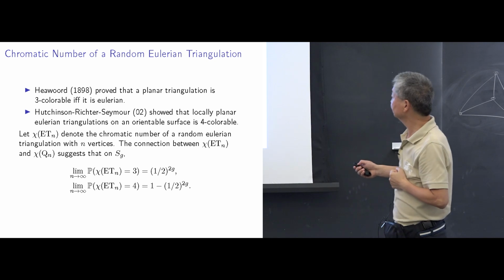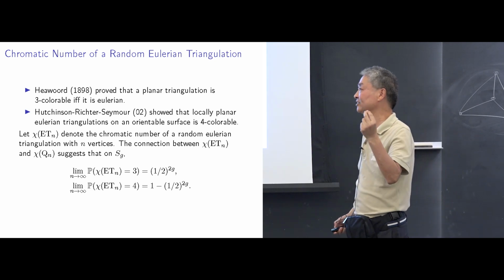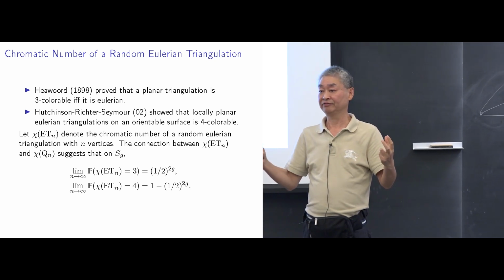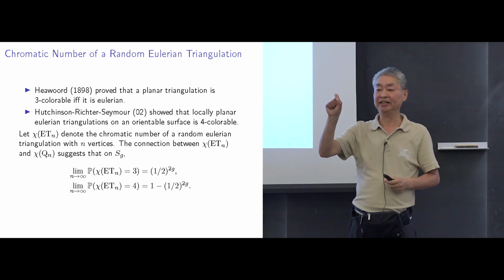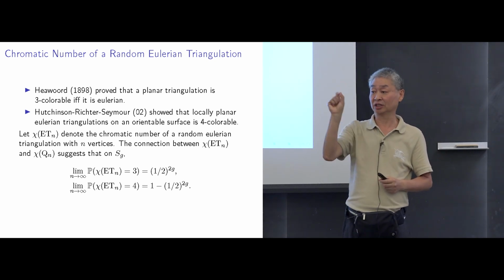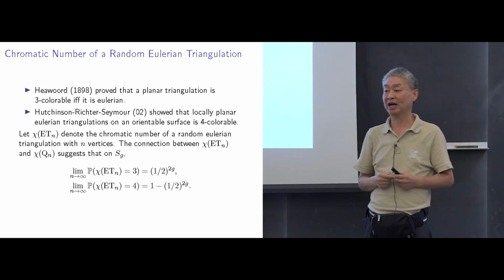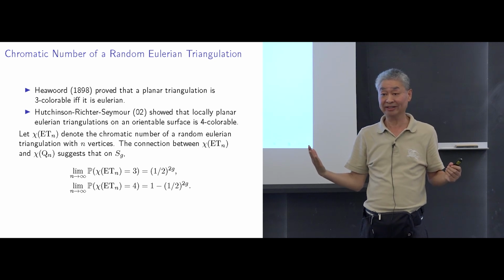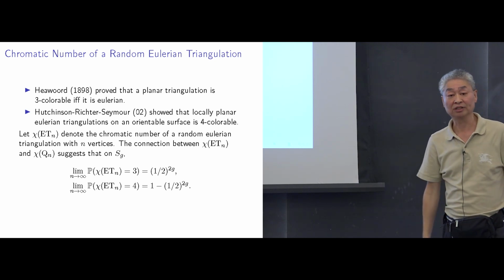Now, there is a close connection between the chromatic number of Eulerian triangulation and quadrangulation, or even embedding in general. If you just look at the quadrangulation, for example, you just subdivide each quadrangular face, insert a vertex inside each quadrangular face and connect to every vertex on the boundary. You get a triangulation, and every vertex has even degree, so that becomes an Eulerian triangulation.